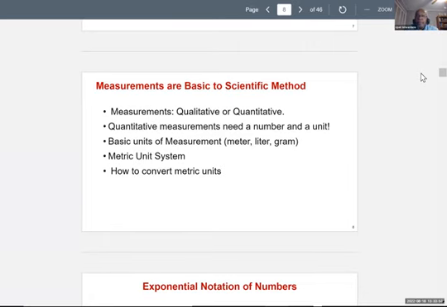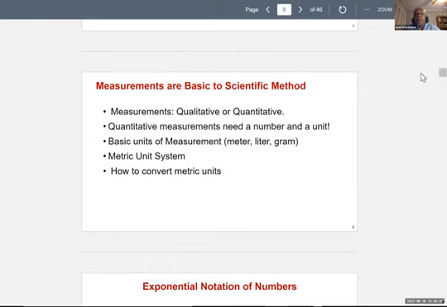I told you why measurement is important to the scientific method. Observations are the first step in the scientific method. So we're going to look into observation, which includes measurements, in detail.